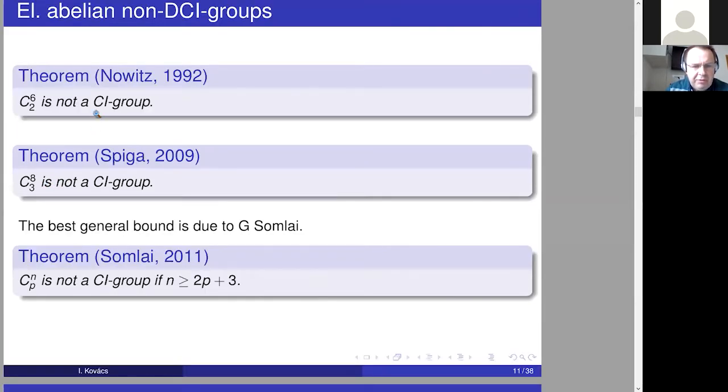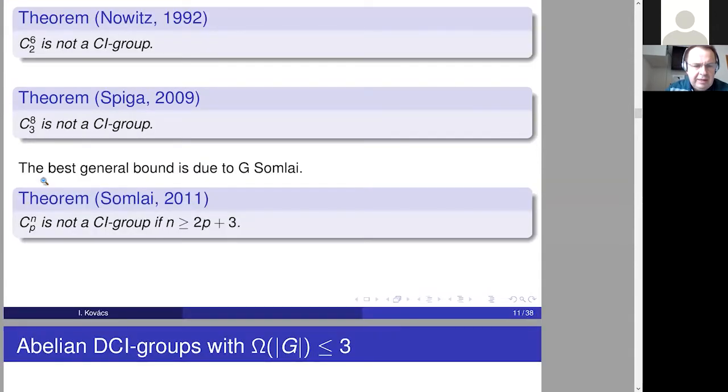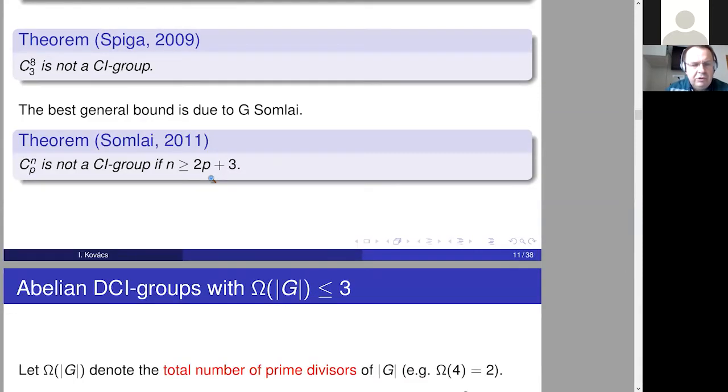With a computer, Pablo Spiga managed to find a counterexample over the group C3 to the 8. And the best general bound now is due to Gabor Somlai, who proved that if the rank is bounded by 2p plus 3, then the group is not a CI group.